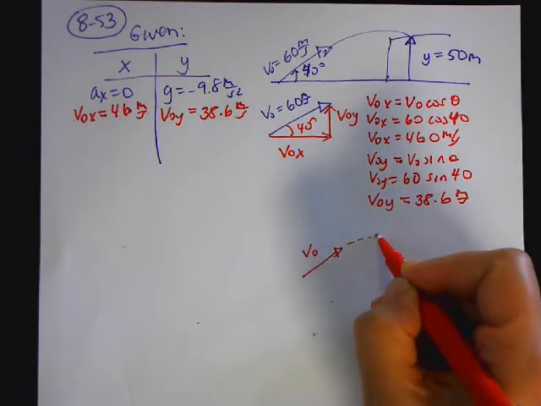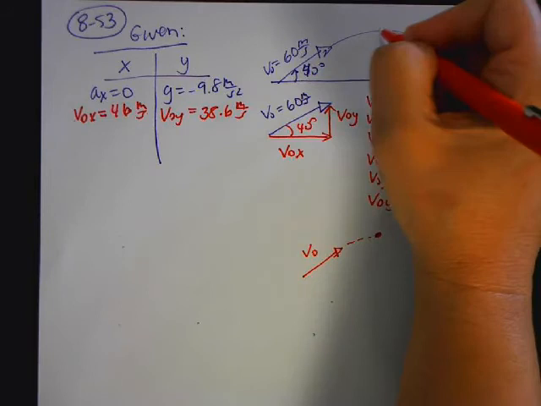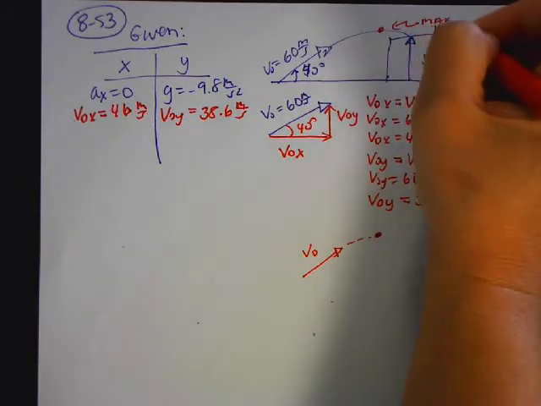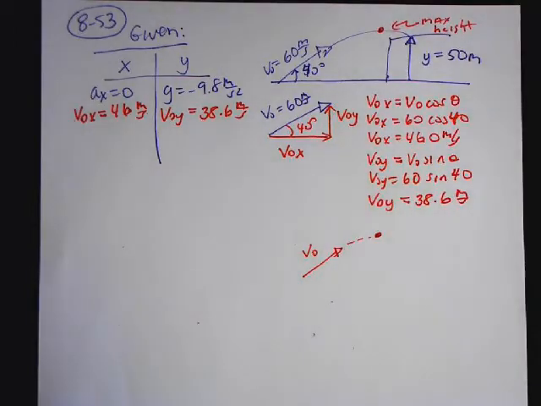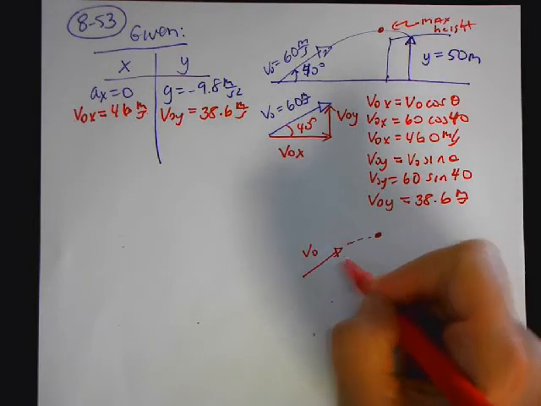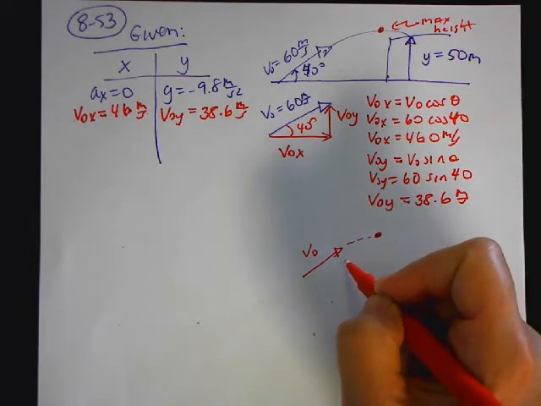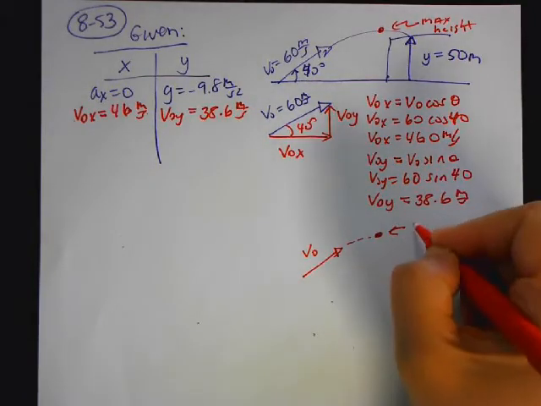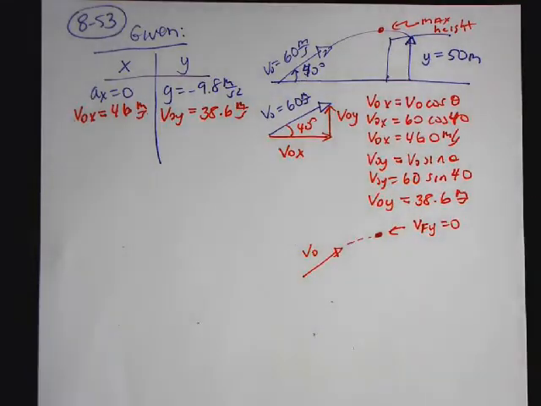It's going to go like this, but at this point right here, this is my maximum height. At the maximum height, the vertical component of the velocity is 0. Because of this initial velocity, we know the horizontal part is constant, but the vertical part, because gravity's pulling down, is going to decrease, decrease, decrease. So at this height, we know that Vy, we'll call it Vfy, is 0, only at that point.